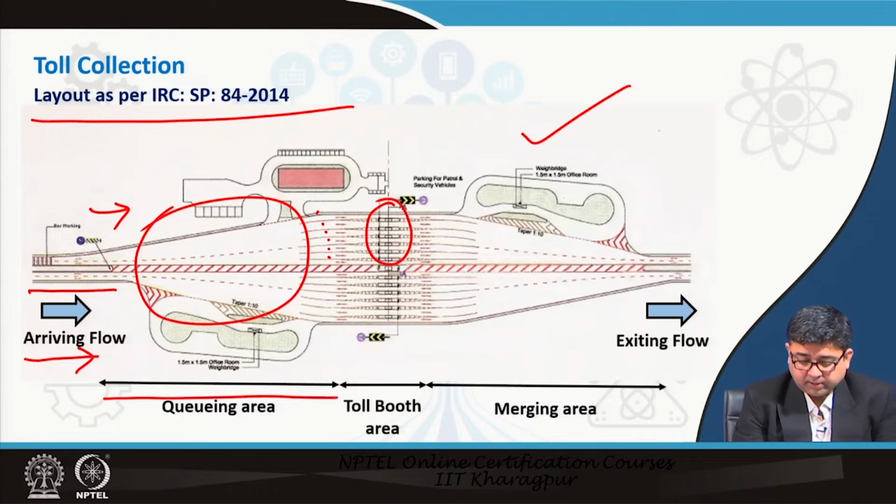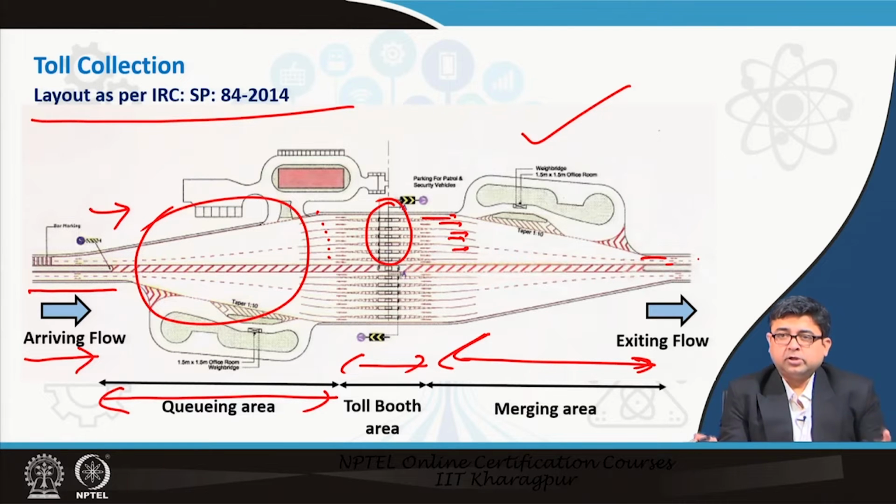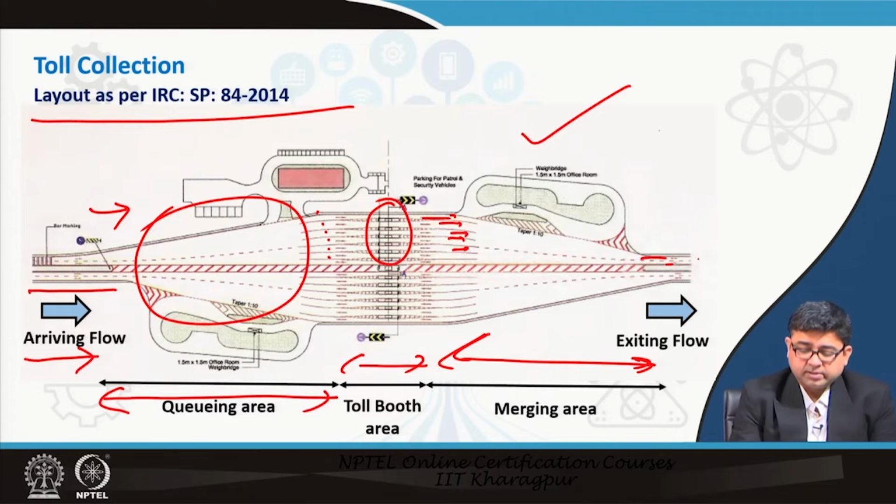So, you have a queuing area, then you have the toll booth area, and then all of those vehicles that emerge out of the toll booths have to again merge back into the two lanes. So, you have a merging area as well. Eventually there are only two lanes that all of these, maybe 1, 2, 3, 4, 5, 6, 7 lanes, have to merge back in.